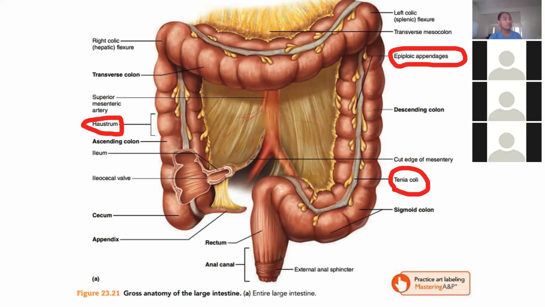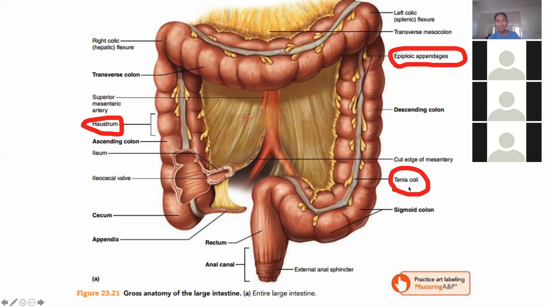So let's start with the taenia coli. Look at the taenia coli. It is running all along the colon. Look at that. This taenia coli is running from the cecum, ascending colon, transverse colon, descending colon, and sigmoid colon. So what is this taenia coli?